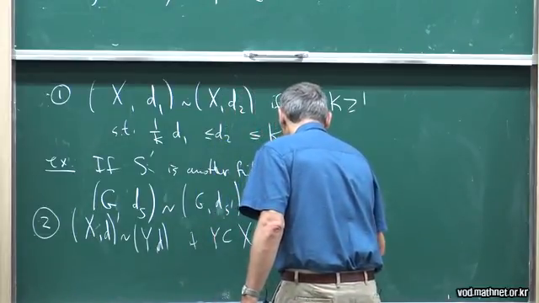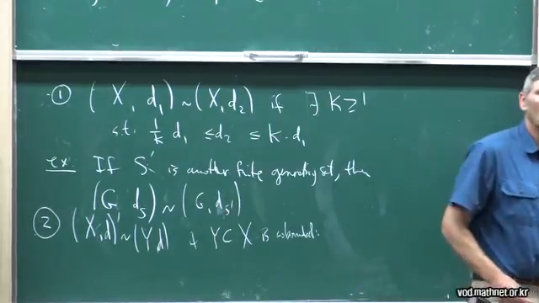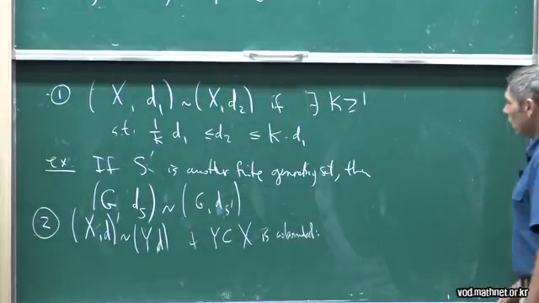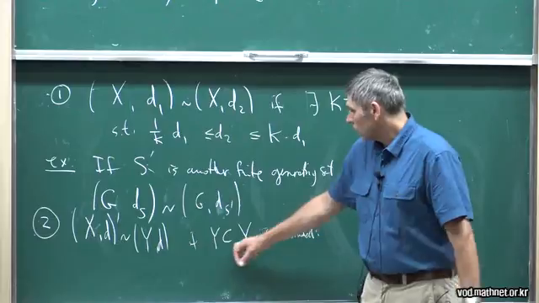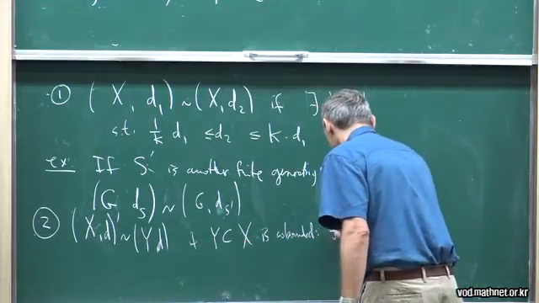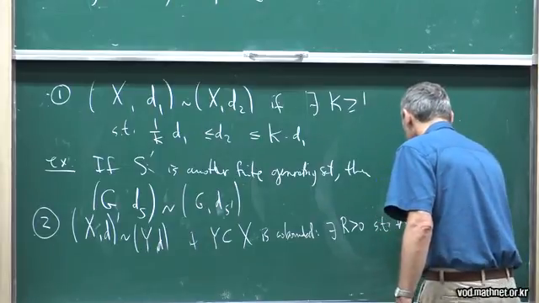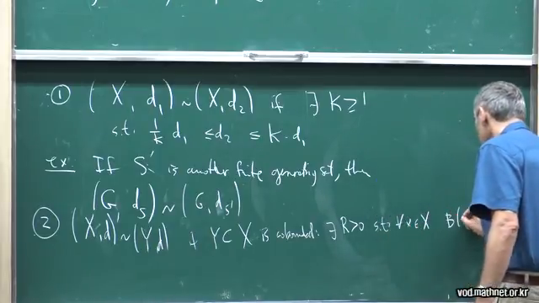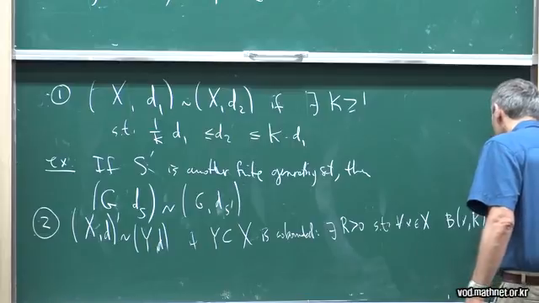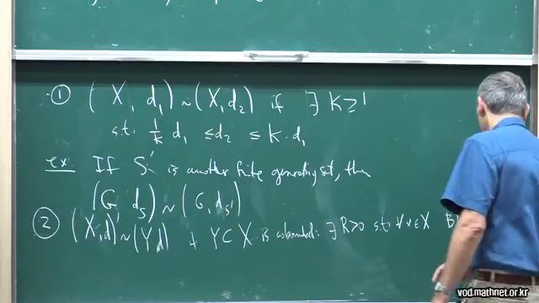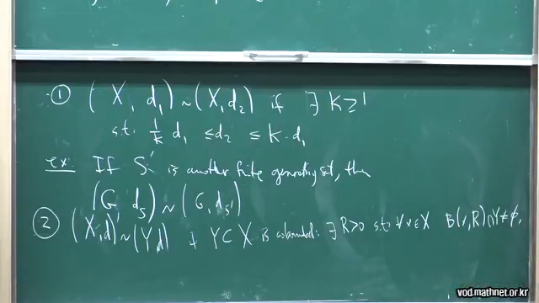What I mean by co-bounded is that there exists some fixed number r so that for every x in X, the ball centered at x with radius r intersects Y, meaning the intersection is non-empty. So in other words, this subset Y is r-dense. There are no big holes in the complement. You cannot draw a very large ball in the complement.